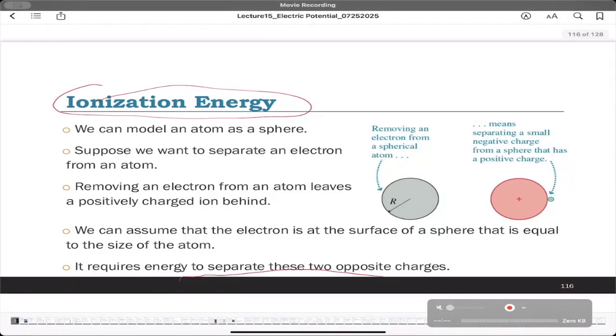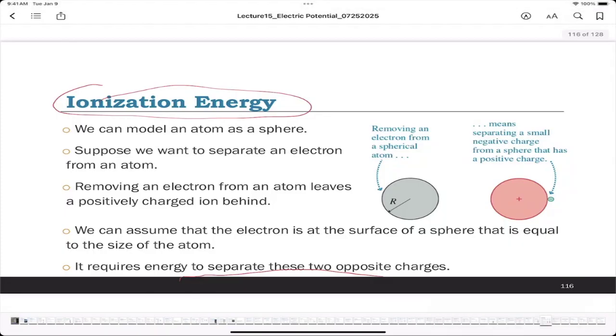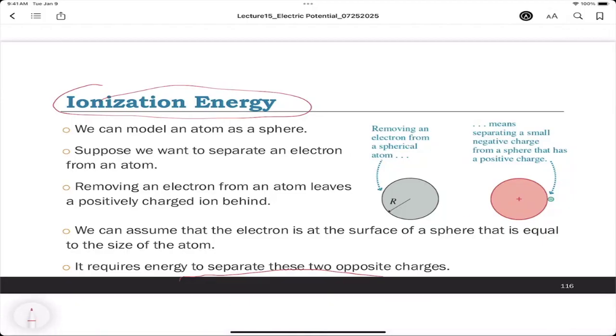Next we talk about the ionization energy. We can model an atom as a sphere. This is an atom, and we model it as a sphere. Suppose we want to separate an electron from an atom.